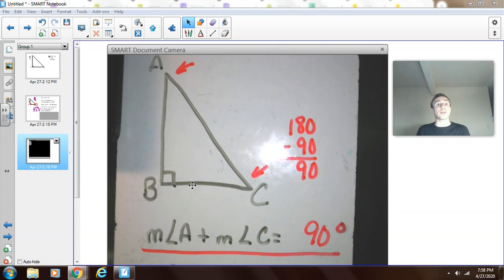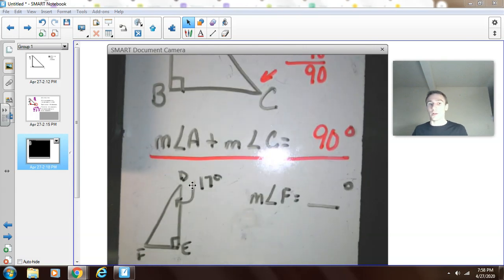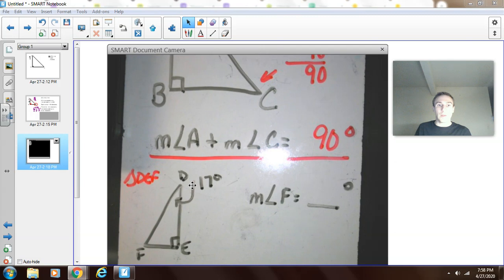Now, when can we get a little bit more specific in finding one of those two acute angles? Well, down here we have triangle DEF, and in triangle DEF we have a right angle at angle E. And angle D, we're telling you, is 17 degrees.